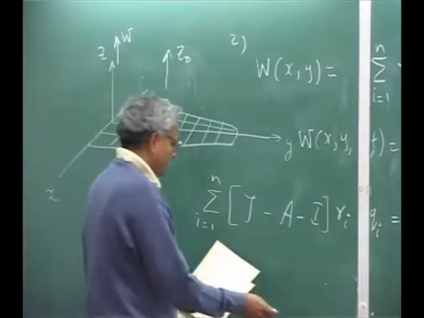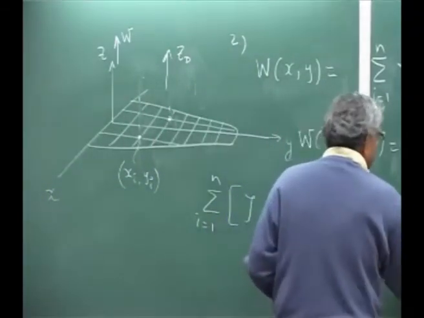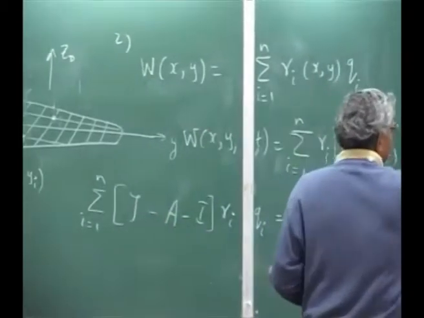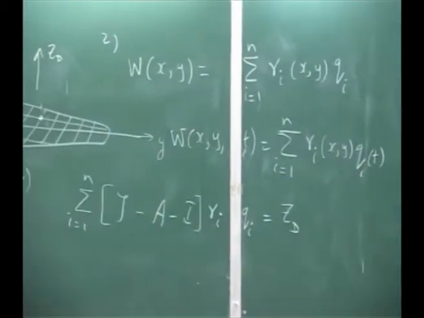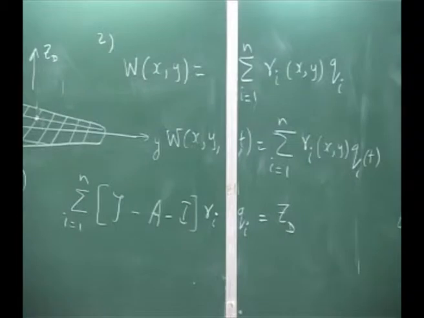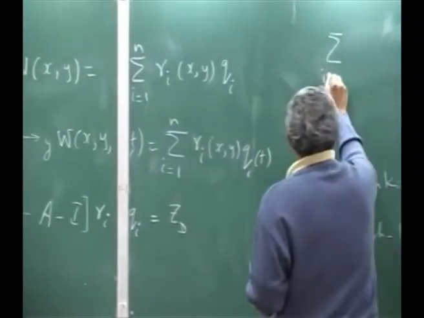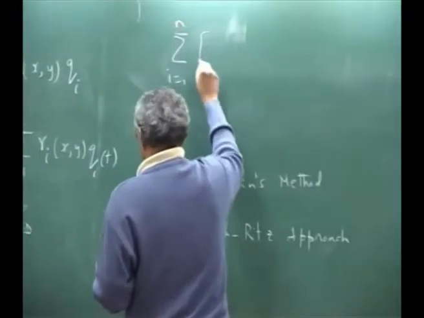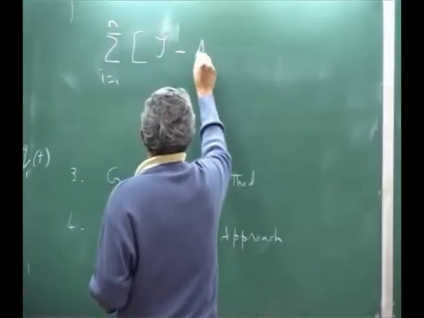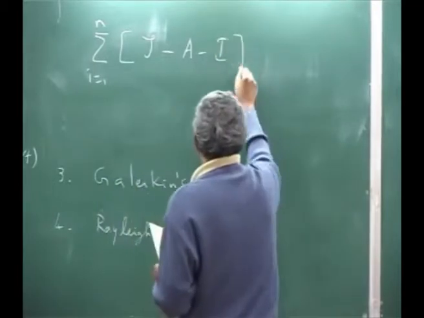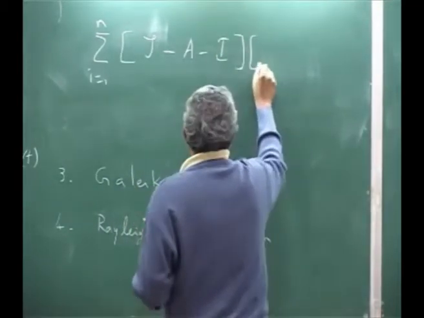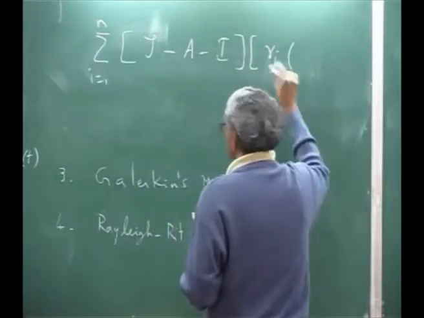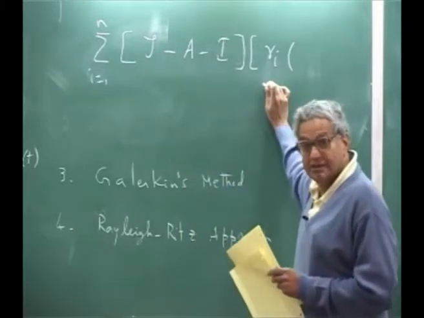So I go and write this in a very general fashion. Maybe I erase this. My equations will be written as summation i running from 1 to n, structural, aerodynamic, inertia, you put it here, gamma i at various locations.